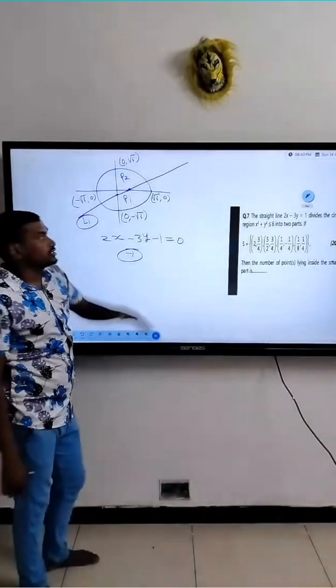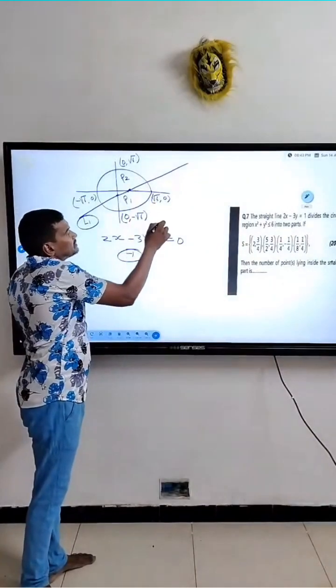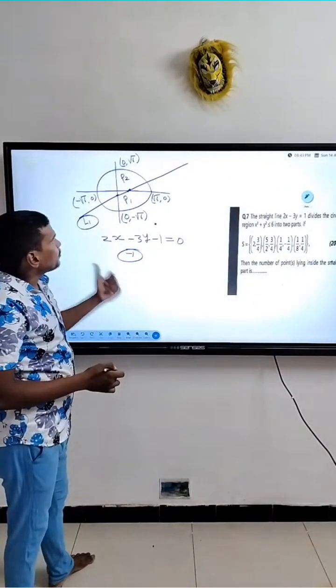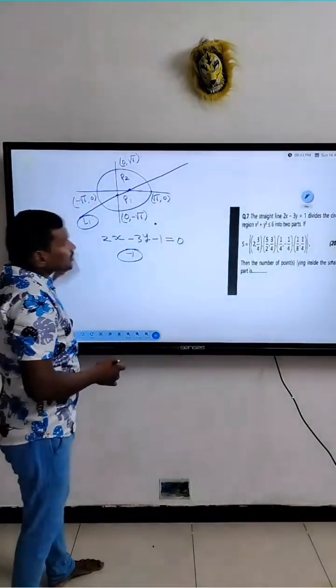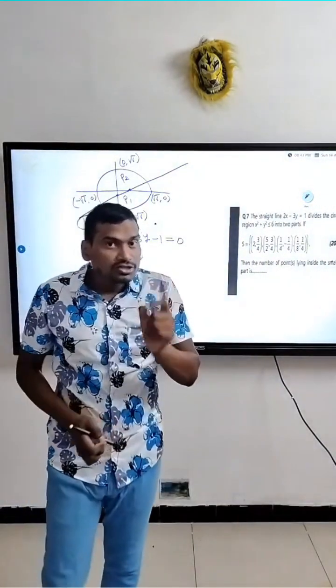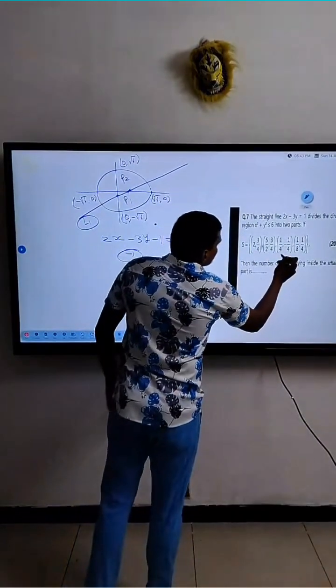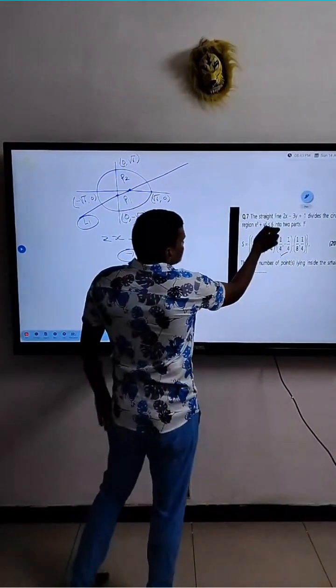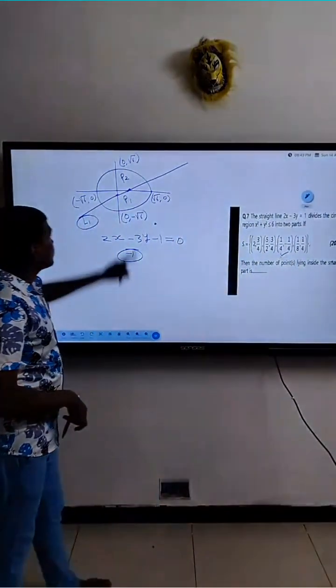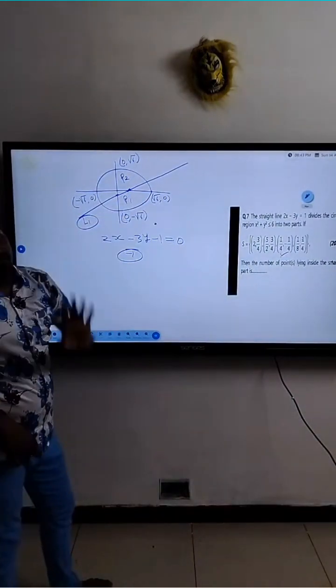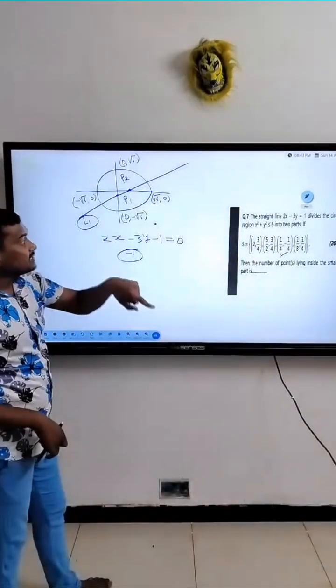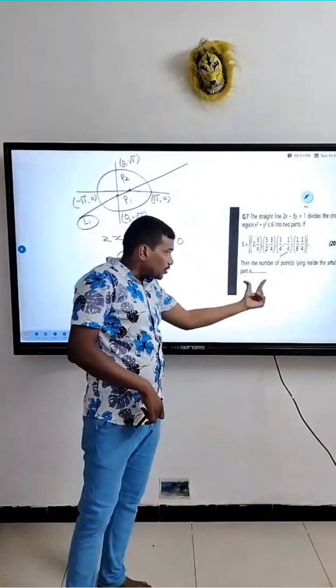But one more condition: maybe that point is here. So with that point, you have to satisfy the circle also. That point also must lie within the circle. That means for this point, this must be less than or equal to this, and for the line, it must be greater than. So if it is greater than, then it will be lying in the smaller part.